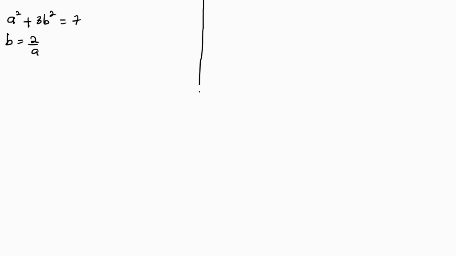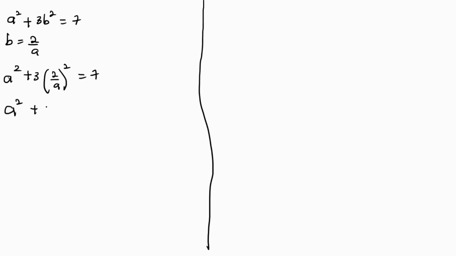So we have a squared plus 3 times 2 over a all squared is equal to 7. So this we have a squared plus 3 into 2 squared is 4, a squared is a squared, equal to 7. Expanding this bracket here, we have a squared plus 3 times 4, 12 over a squared is equal to 7.